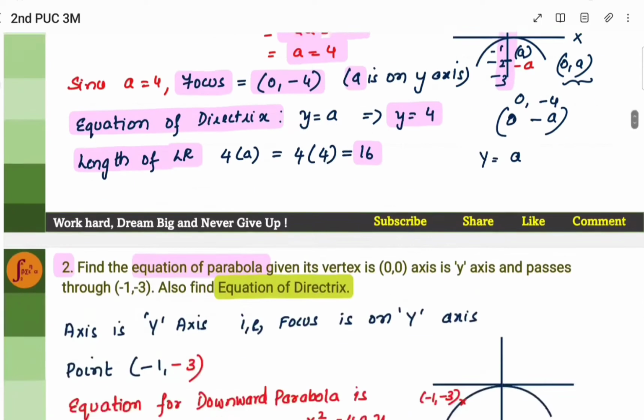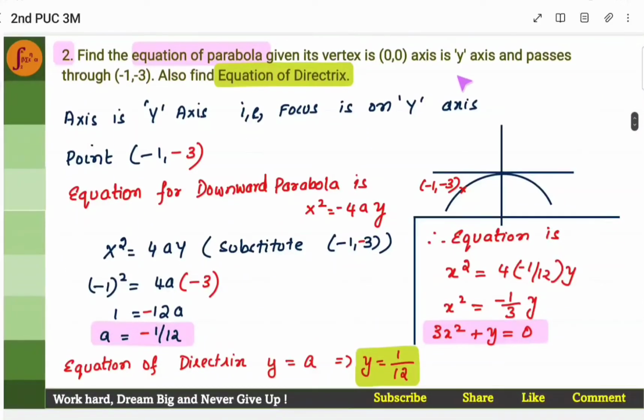Now in this problem, a point is given. They are saying the parabola passes through the point -1, -3. First you have to plot where -1, -3 is on the axes. This is the y-axis, this is the x-axis. This is the negative side of the x-axis, -1, -2, and this is the negative side of the y-axis.